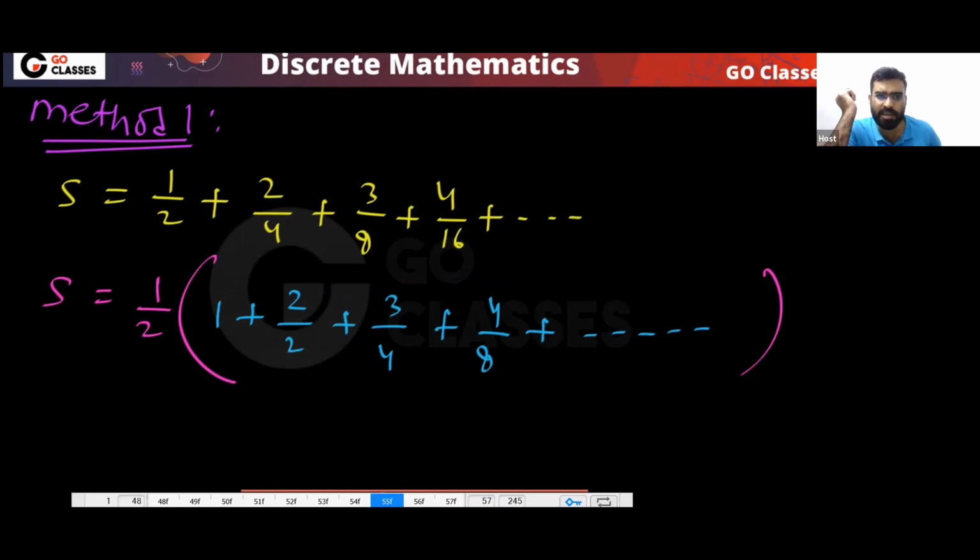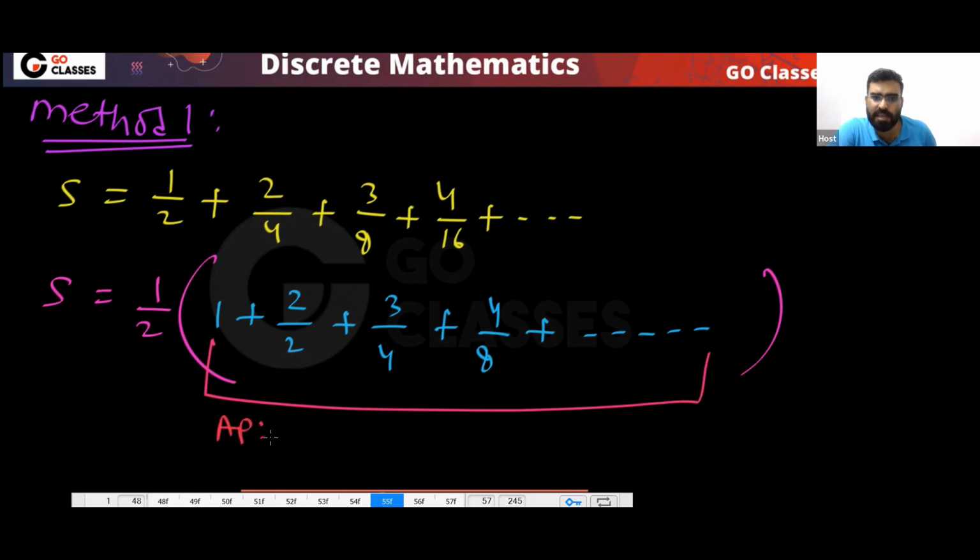Now, did we get our desired expression? Now, can we apply the direct formula here? Yes, you can apply the direct formula, because what is the AP here? The AP is 1, 2, 3, 4, and so on. And what is your GP here? Your GP is 1, 1 by 2, 1 by 4, 1 by 8.